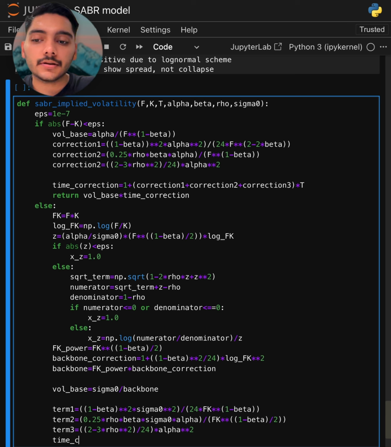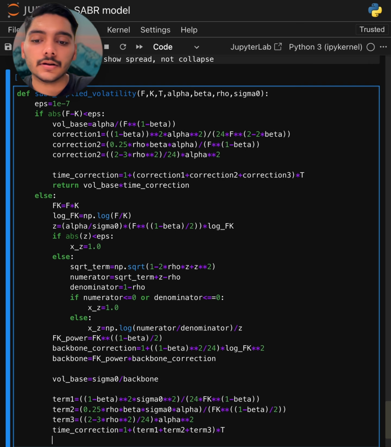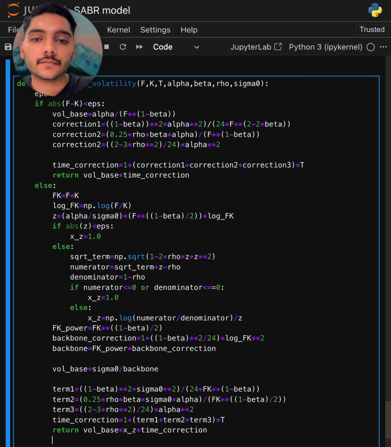The time correction is equal to 1 plus term 1 plus term 2 plus term 3, into t, and we will return the volatility base into xz into time correction. So this is the Hagan approximation, the closed form. So let's test this part.